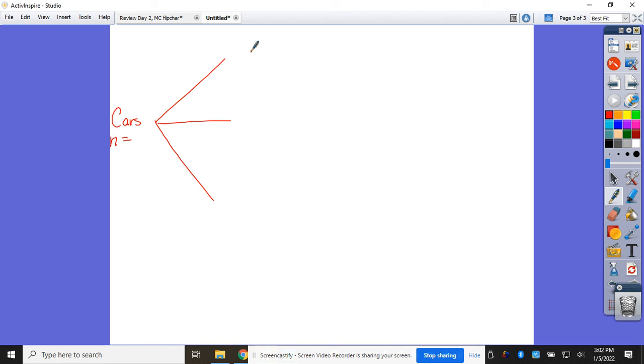Size, which were what, small, medium, large, I think. So now I have them broken down for each one. And so now for each one of these, I do what? A car type. Which would be.